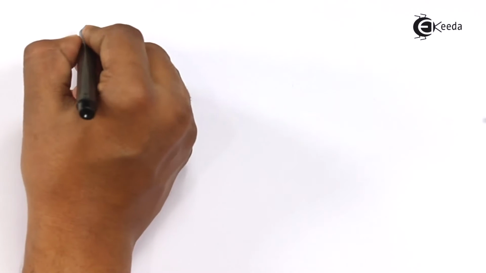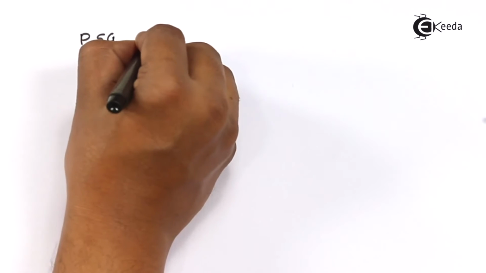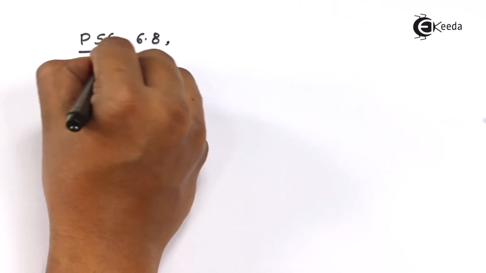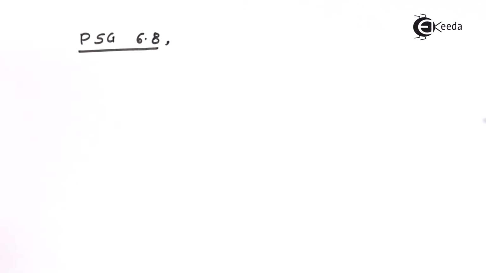Now referring to PSG 6.8, we have to make a certain assumption. Like I said, if the screw gets stuck somewhere, we'll say that this end is fixed and the other end is either hinged or free.